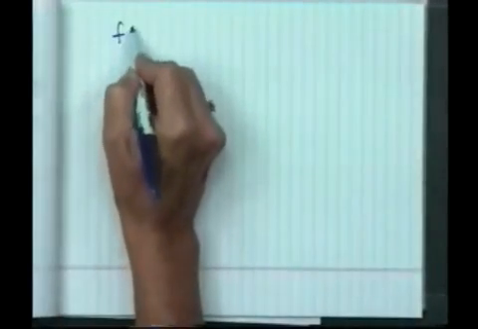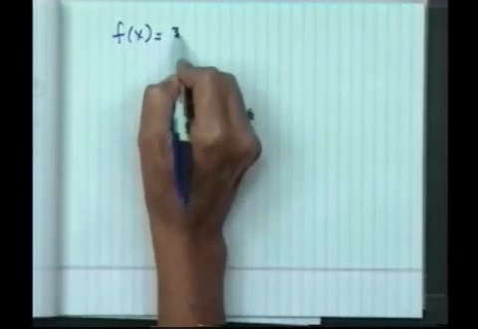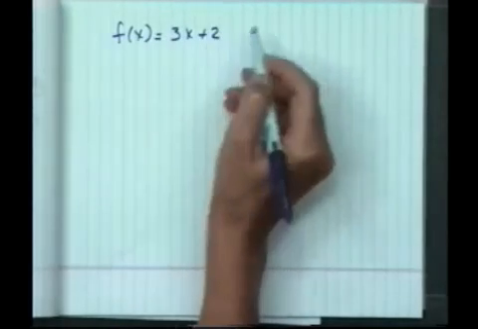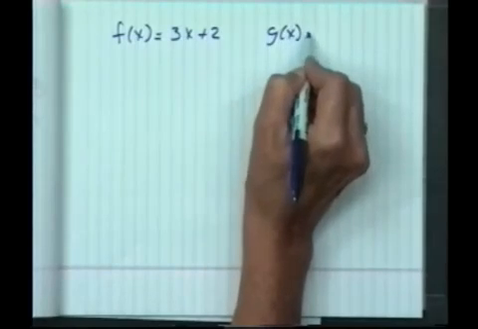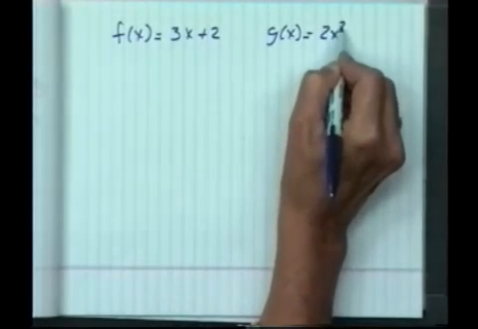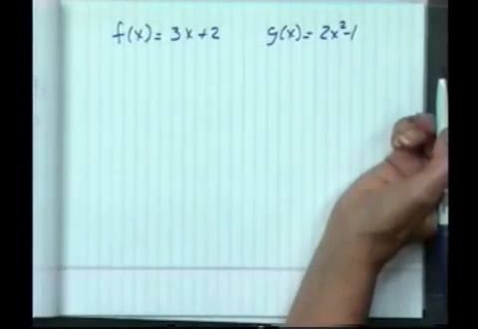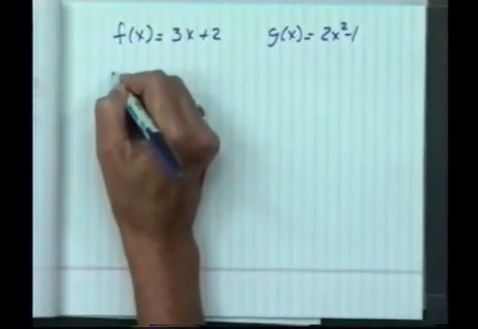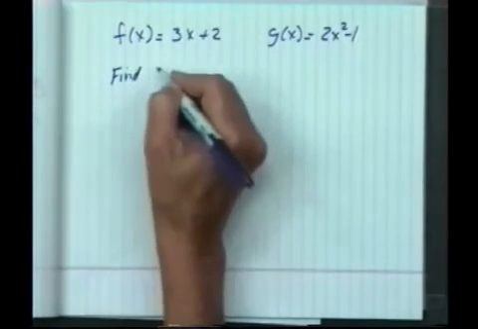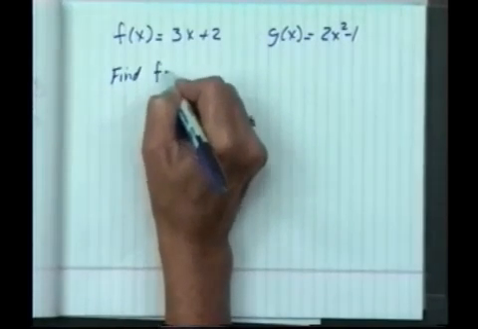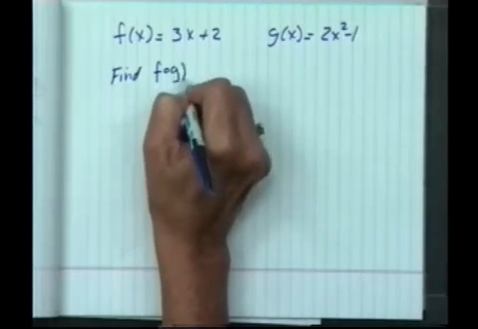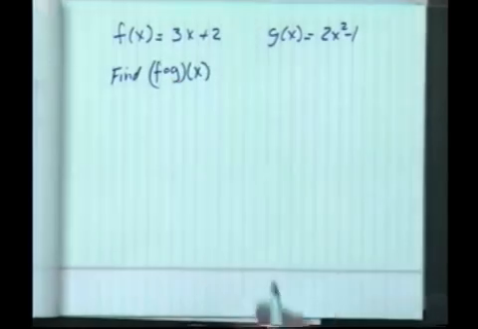All right, so this is my own problem. f of x equals 3x plus 2, same letters. g of x is equal to 2x squared minus 1. We want to find, which means we're creating a new function, the composition of f and g at x.